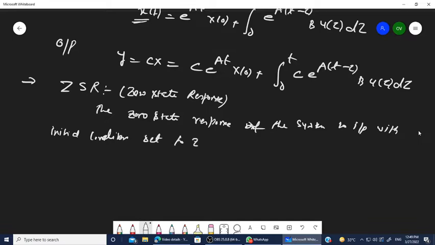If your initial condition is 0 and then you find the response, it means you are finding the ZSR, the zero state response.